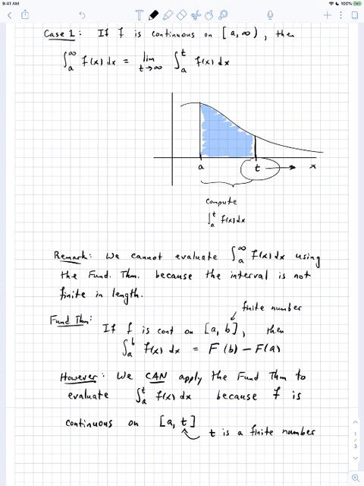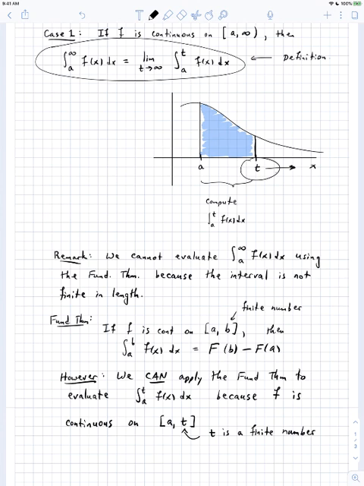And then you can compute the limit as t goes off to infinity, and that can be our definition for this improper integral. So let's leave it circled and let me label this as the definition.